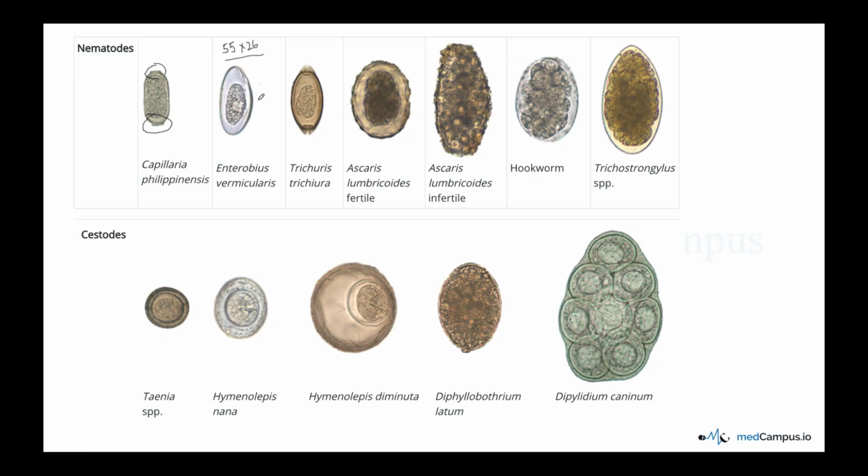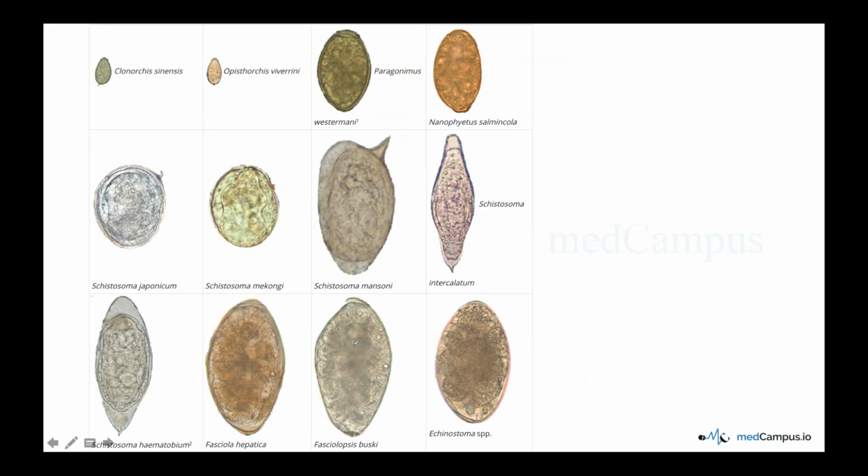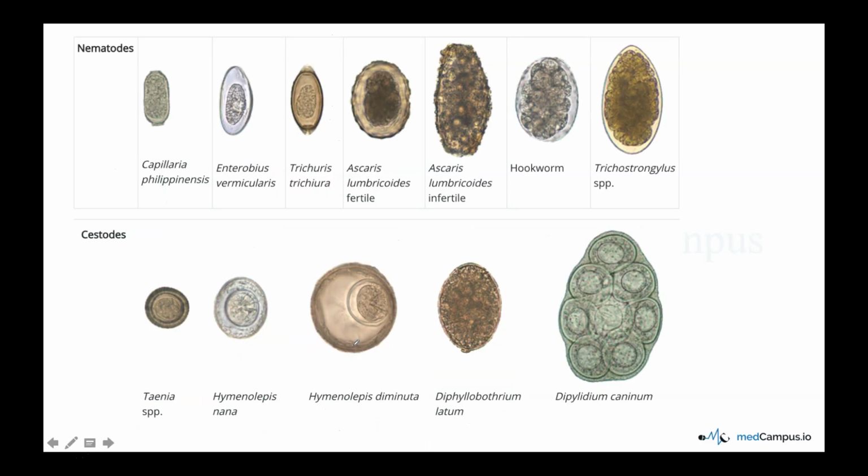How to identify this egg? This egg is colorless. See, if you compare with all the eggs shown in this slide and also the next slide, this looks least colorful, right? So this is a colorless egg. And one more important feature which helps you in recognizing Enterobius vermicularis is it is elongated, but it is asymmetrical.